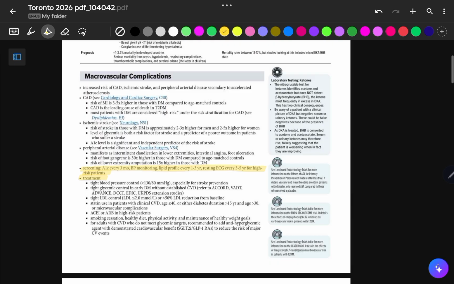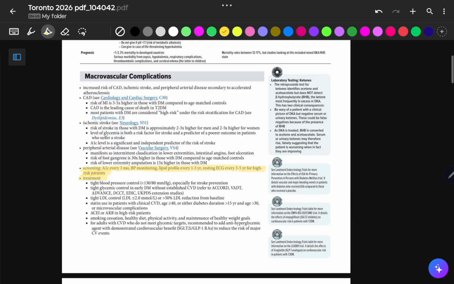ACE inhibitors and or ARBs in high risk patients. Smoking cessation, you want to talk about that. Healthy diet, physical activity, and maintaining a healthy weight goal. For adults with coronary vascular disease who do not meet their glycemic target, it is recommended to add an anti-hyperglycemic agent. Which anti-hyperglycemic agent is good for patients with coronary vascular disease?